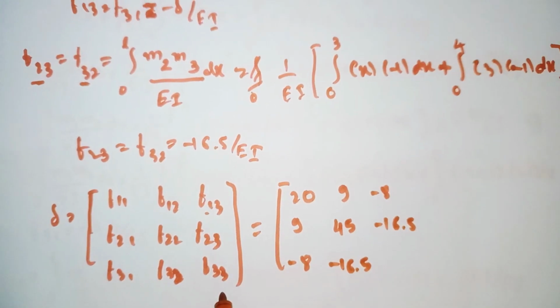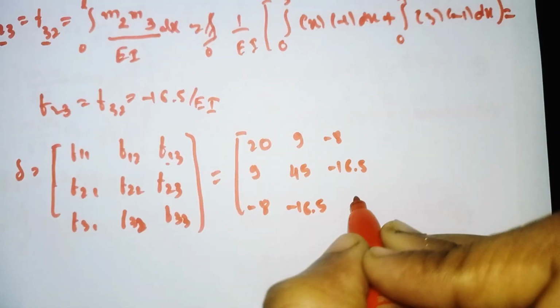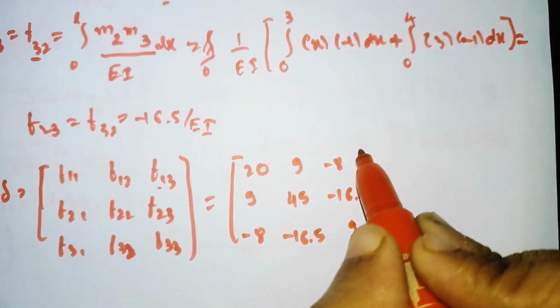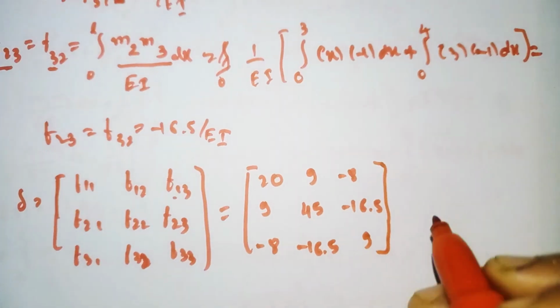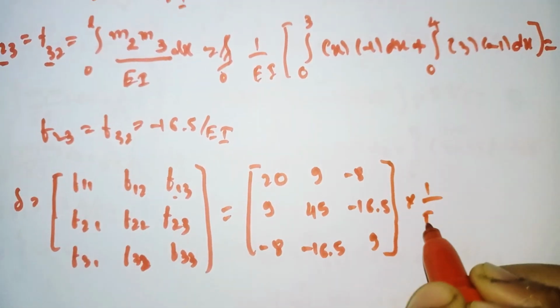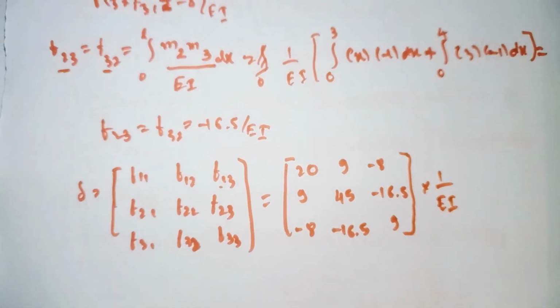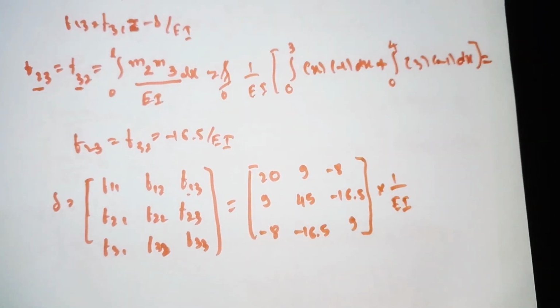Similarly for F33 we got the value 9, close the bracket, into 1 divided by EI, which I am taking outside. So this is how we need to find the flexibility matrix.